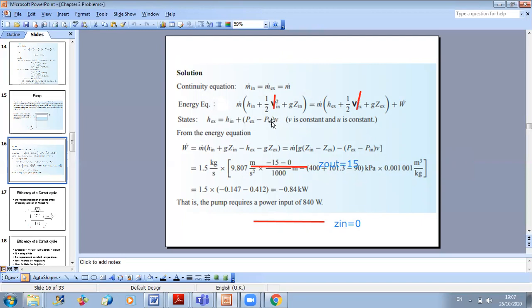And because, as I told you, for a liquid, we assume that the variation of specific volume is very small, so we can use this relation between H exit and H inlet, okay?